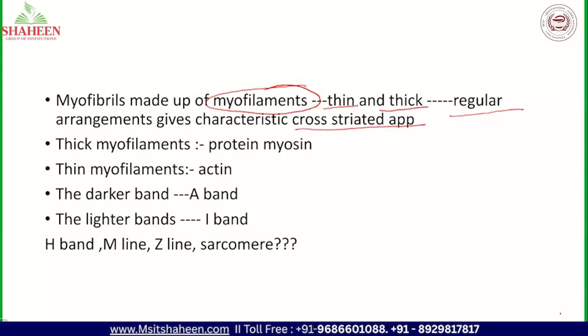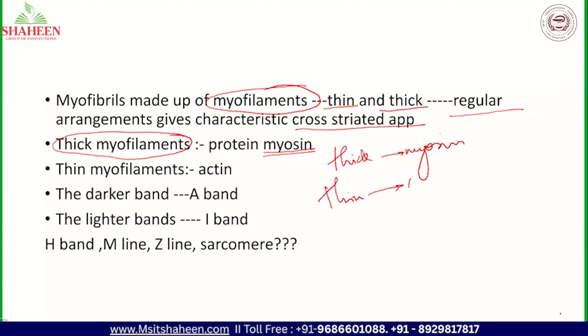The thick myofilament is made up of the protein myosin, and the thin myofilament is made up of actin.